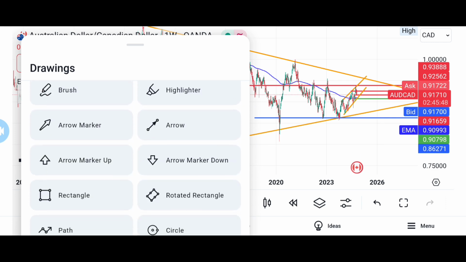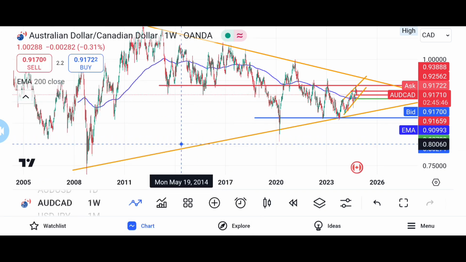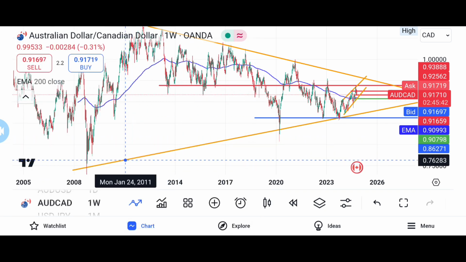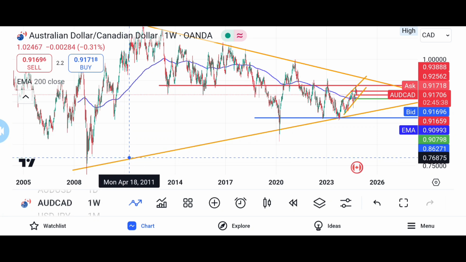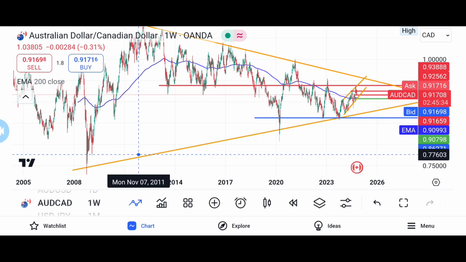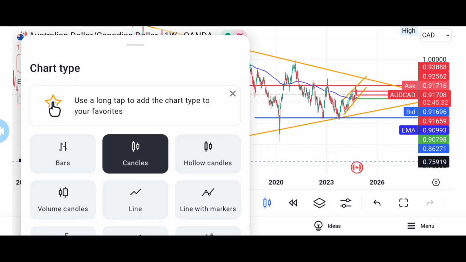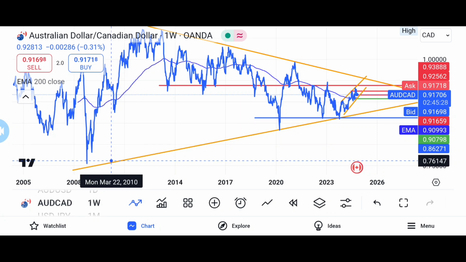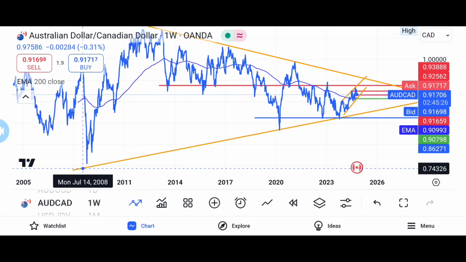So this one, the orange lines, these are trend lines, okay? And to those who are asking how I draw my trend lines, first you change from candle to line, then you can see very well.